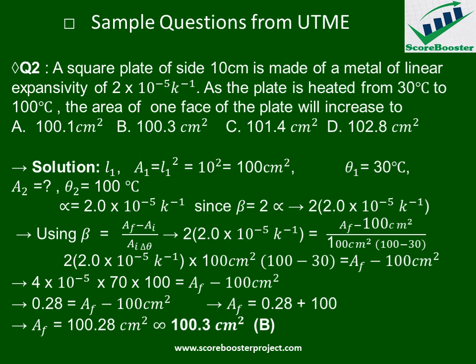Our change in temperature as usual will be theta 2 minus theta 1, final temperature minus initial, and that is equivalent to 100 minus 30 degrees Celsius.